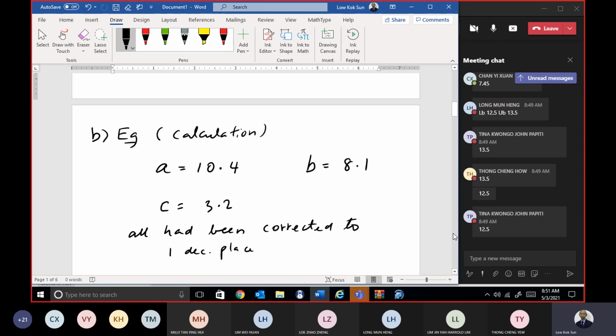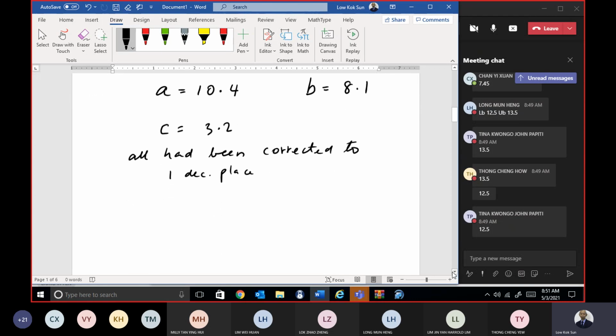Upper bound and lower bound mean they are not yet rounded. The numbers given here are after rounding already, to 1 decimal. So before that, what were they?